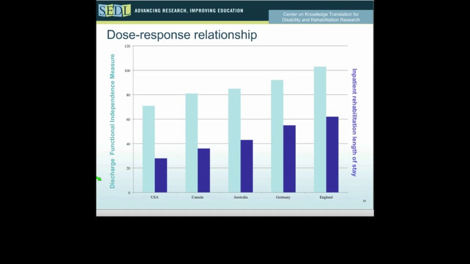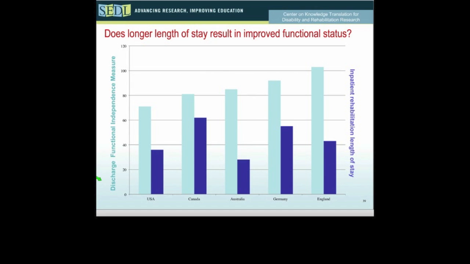30, then seeing a discharge FIM score that parallels the length of stay gives us confidence that it's indeed the length of inpatient rehabilitation that makes the difference, as opposed to this study where the discharge FIM score is still oriented the same, but now length of stay is all over the place.